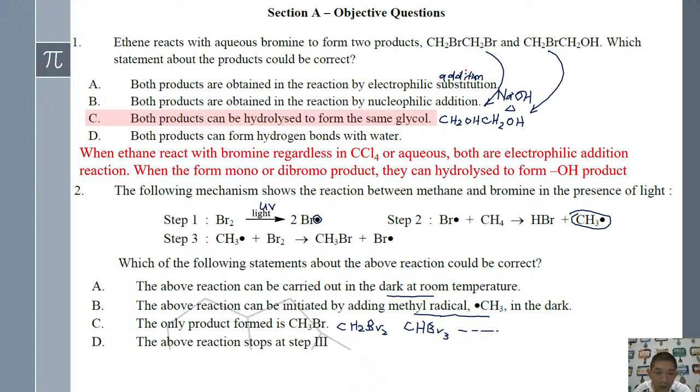And the above reaction stops at step 3. Step 1 is initiation. Step 2 is propagation. Step 3 is also propagation. And then we have another step 4, which is termination.